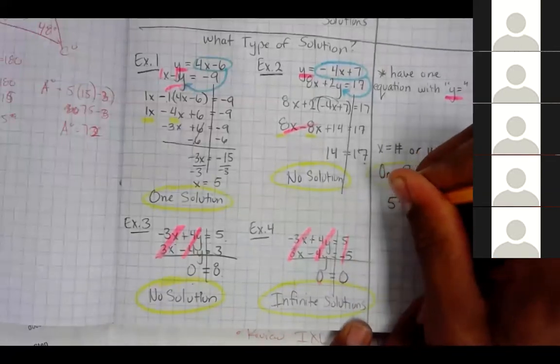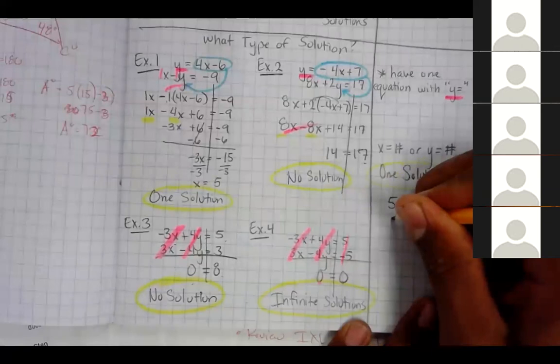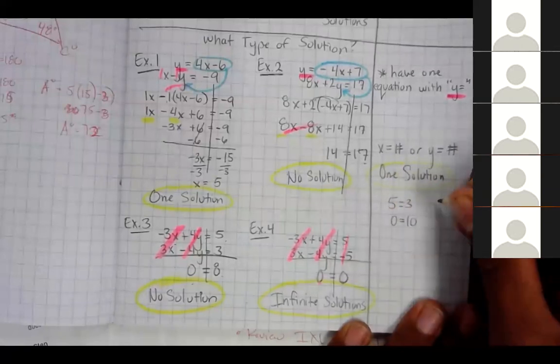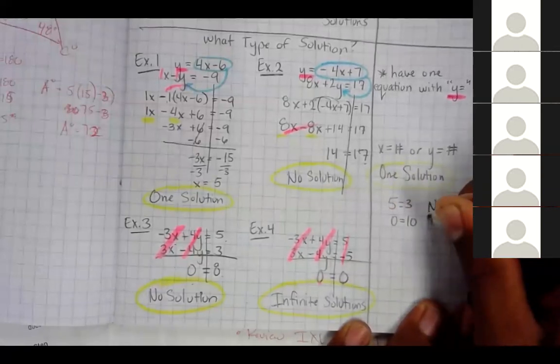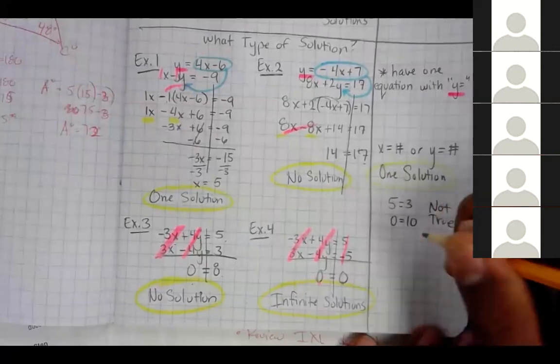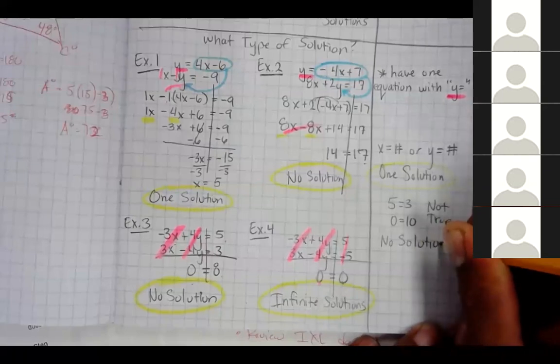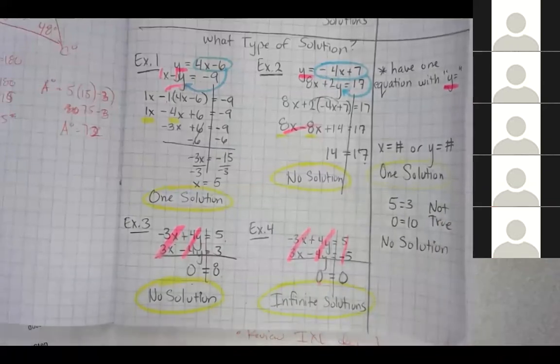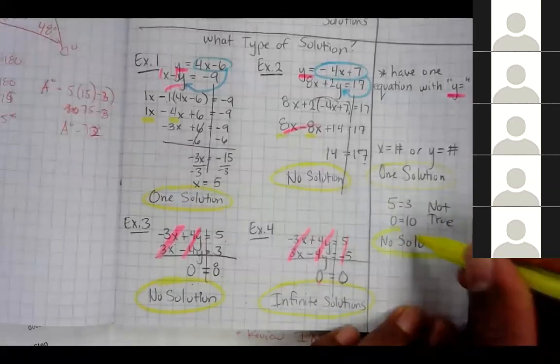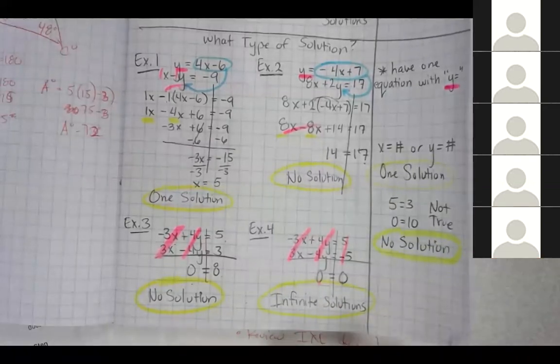If you get an untrue statement like 5 equals 3 or 0 equals 10, we're going to have no solution. Because basically all that means is the lines do not cross. They do not intersect. There's no common solution between those two.